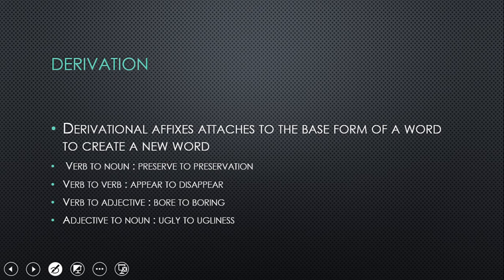For example, if I say there's a word preserve and I have added a derivational affix that would be called ation, a new word would be formed that would be preservation. So preserve was initially a verb, and when I have added the derivational affix, it would become a noun.